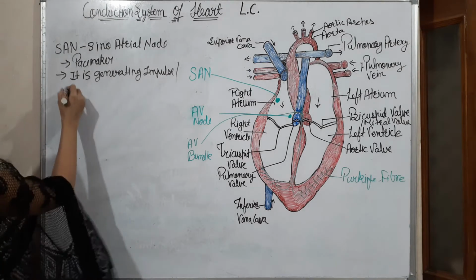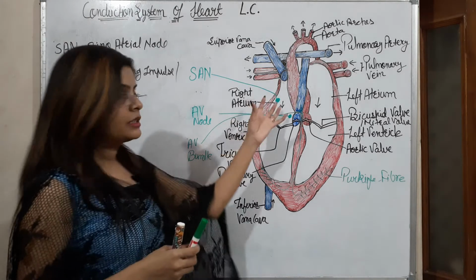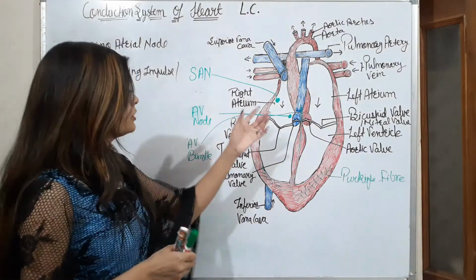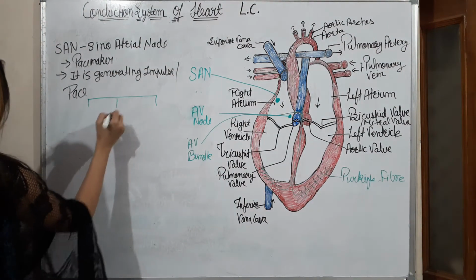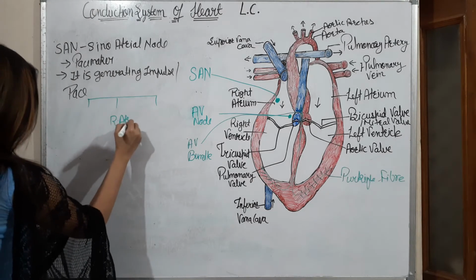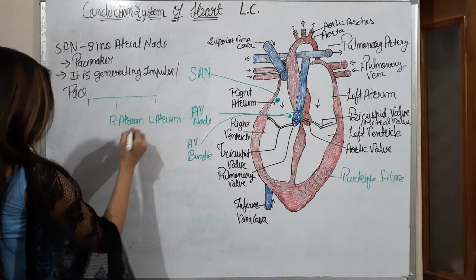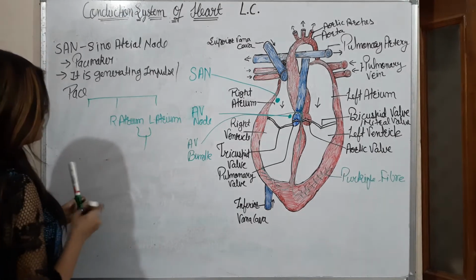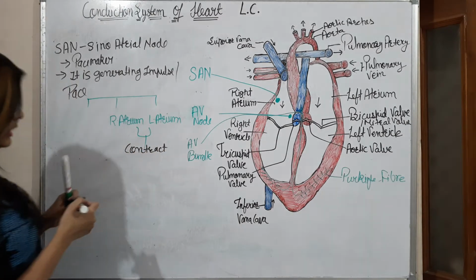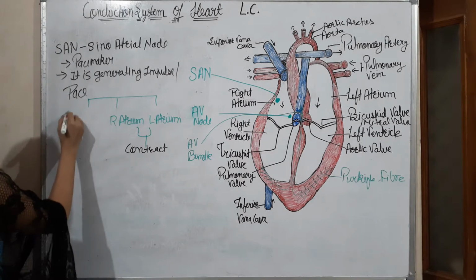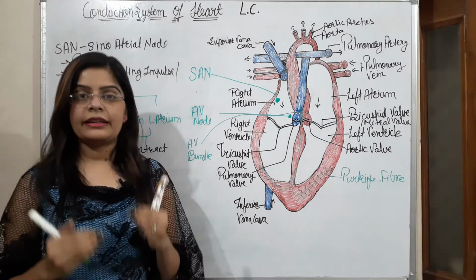It is generating the pace. The SA node generates impulses by which the right atrium and the left atrium both get contracted. And this impulse now also goes to the AV node, and in the AV node the impulse gets amplified.